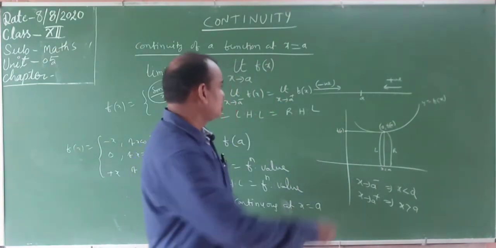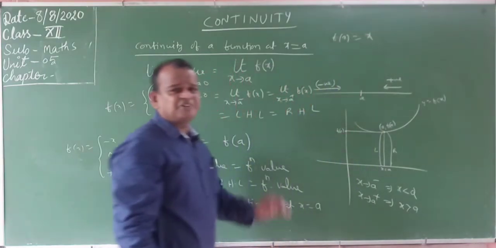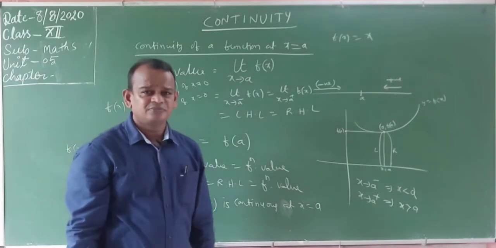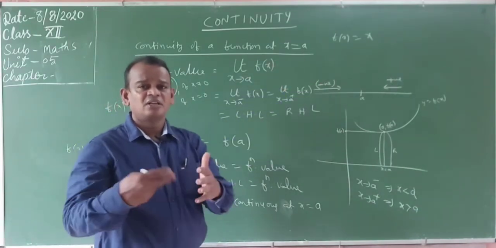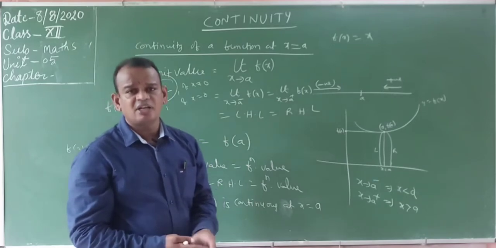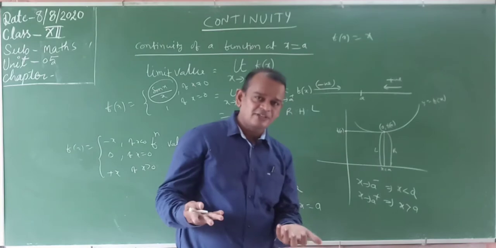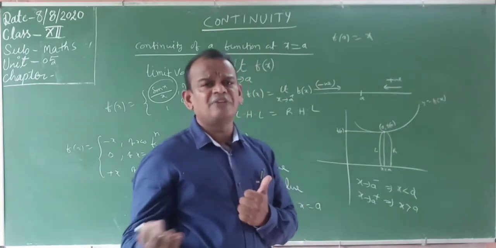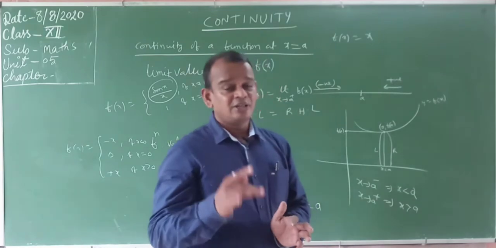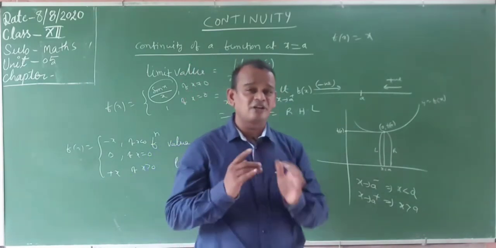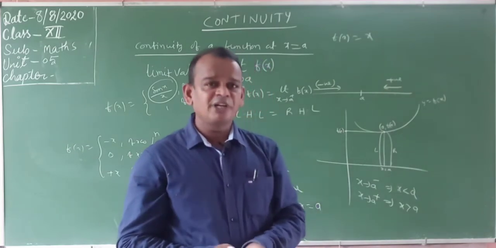Suppose you observe that f of x is equal to x. It is defined at every real value. You cannot get plus infinity or minus infinity. That is why the domain is the real numbers. F of x is equal to x square, f of x is equal to x cube, all are defined on the real numbers. That is why I am telling you first, every polynomial is continuous on R, because the domain is R. What is the meaning of the domain?